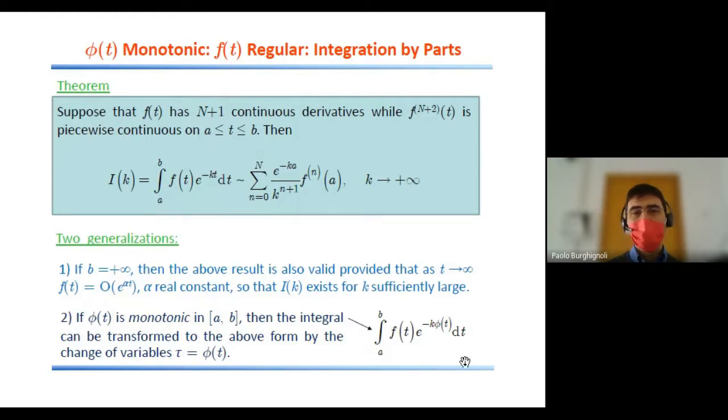Even if you have this kind of generalized Laplace integral, then by a simple change of variables, by introducing the new variable tau, which is equal to phi of t, since phi is by assumption monotonic, you can change variables without problems, and you can reduce your integral to the case of a standard Laplace integral, and then use the result that is stated in this theorem. Okay.